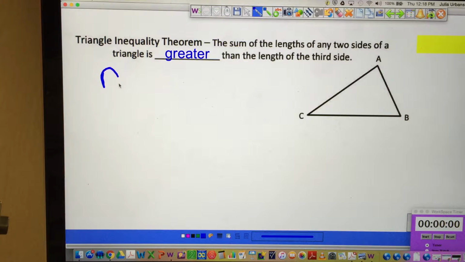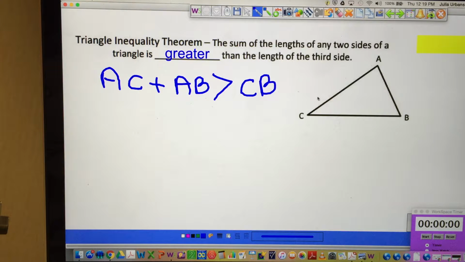So in one case, you need side AC plus AB. If you added these two sides together, they would have to be bigger than what side? If you added AC and AB together, bigger than CB. Okay, any two sides you add together have to be able to overlap or be bigger than the third side. Otherwise, they couldn't all connect.